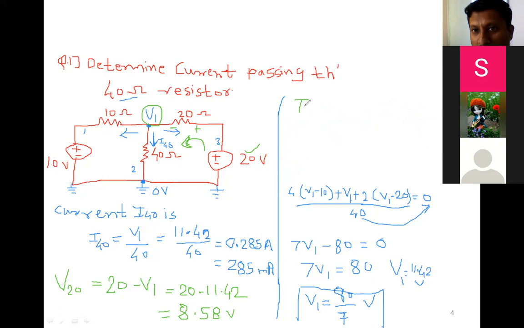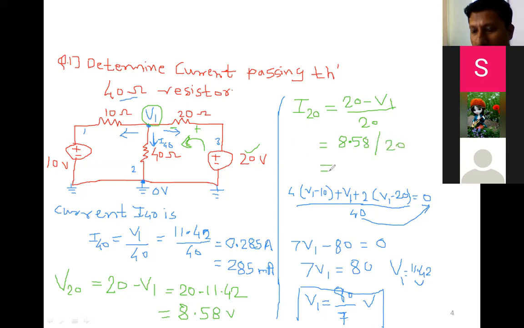So the current passing through 20, I will give the name I20, is equal to 20 minus V1 divided by the resistor value 20. 20 minus V1 we have already done here. That is 8.58, because the V1 value is 11.42. So 8.58 divided by 20.